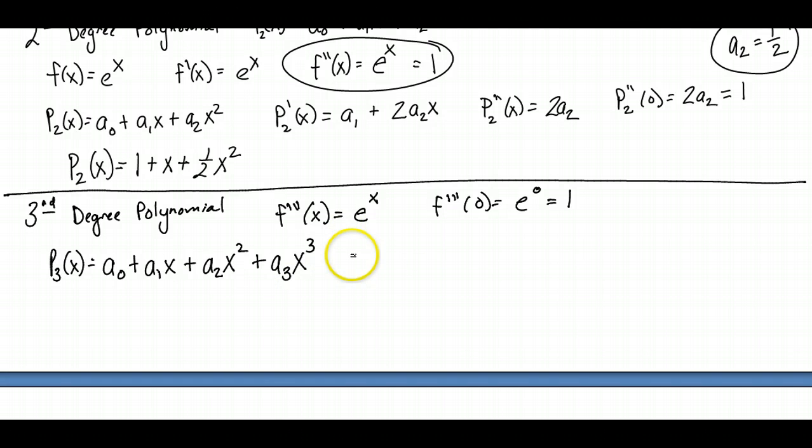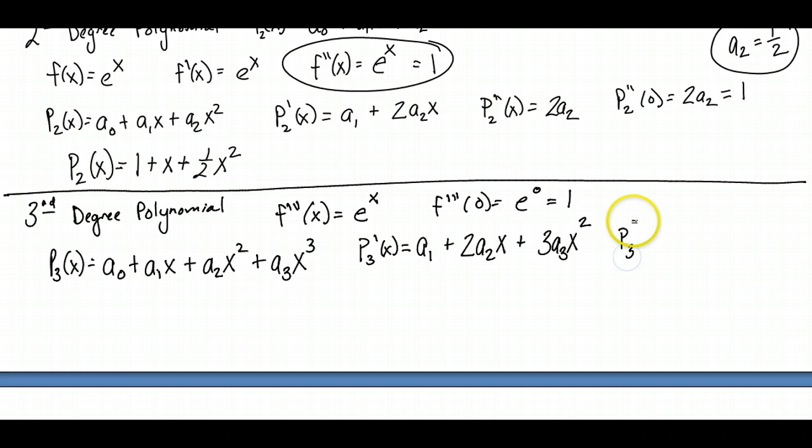Well, as I take my first derivative again, so rather tedious here, that term is going to simplify out. I have a sub 1 plus 2 times a sub 2 times x plus 3 times a sub 3 x squared. My second derivative for my third degree polynomial, first term is going to be 0.